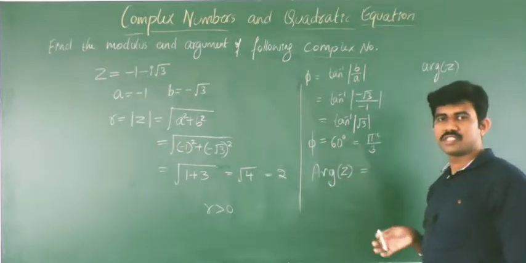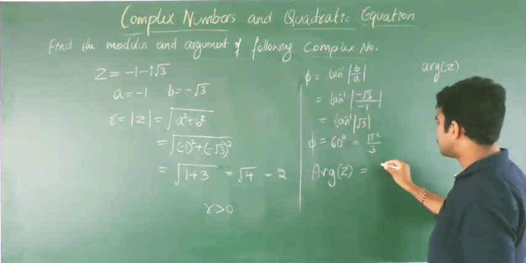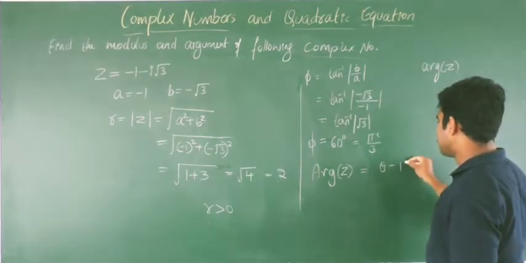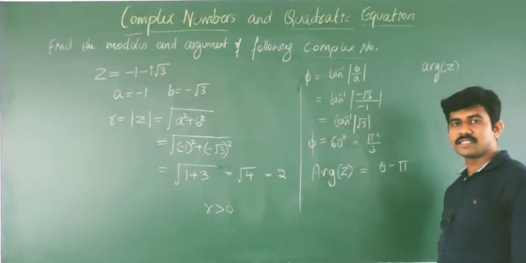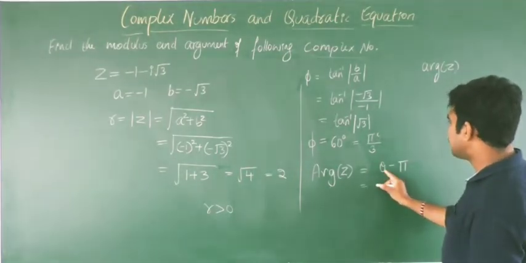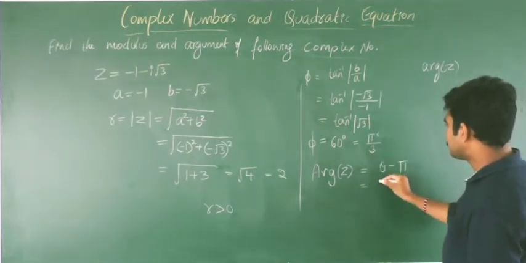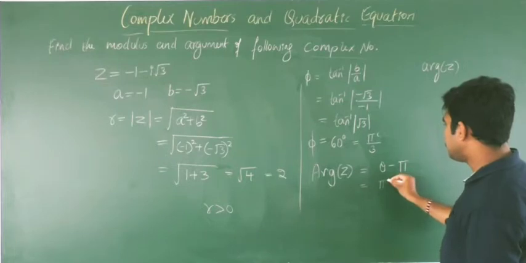Don't get confused here. So argument of z is nothing but, as I said, theta minus pi. Minus of pi minus theta, or theta minus pi. So what is the theta value here? Here you got pi by 3.